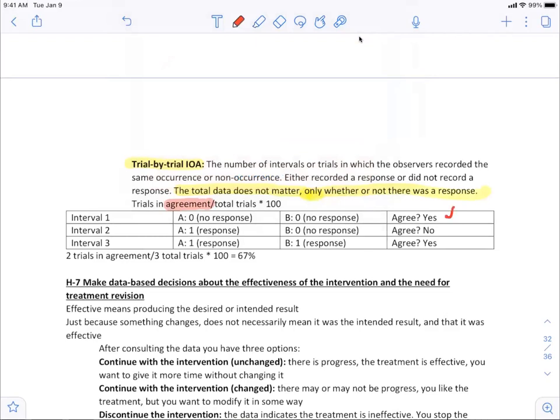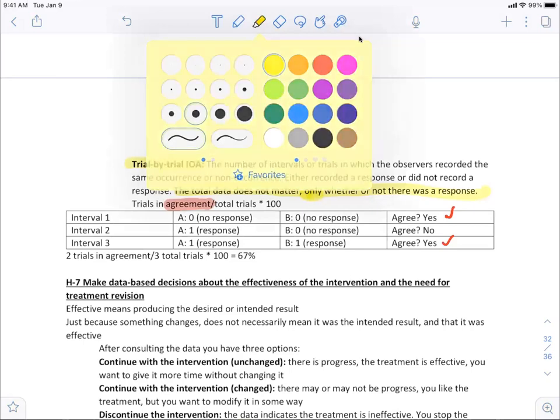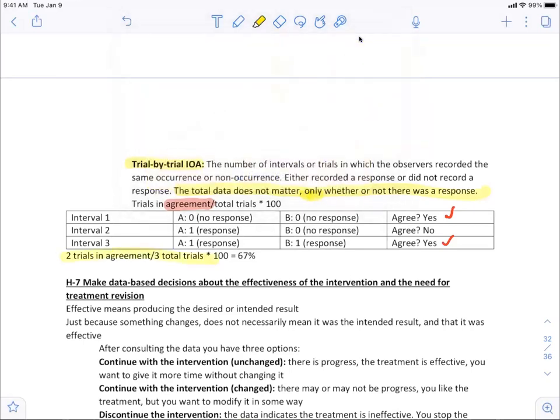Interval 2, they don't agree, but interval 3, they agree on responses. Therefore, we're going to take our 2 trials in agreement, divided by 3 total trials times 100 and get 67%. Okay. Don't panic. Don't freak out. All right. Do these last if you're really worried about it. Okay. I want you to get everything else cold, memorized, just automatic. All right. And then come to IOA.